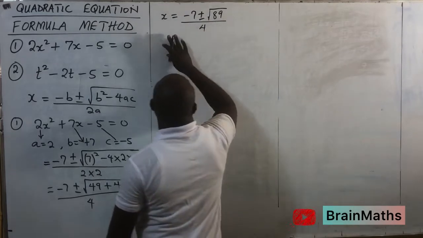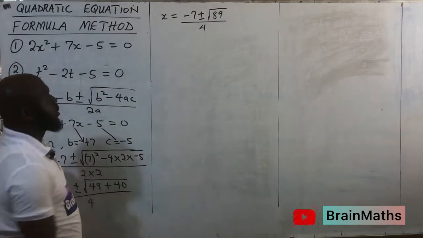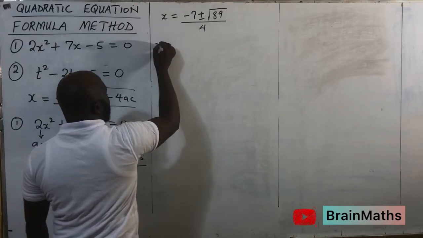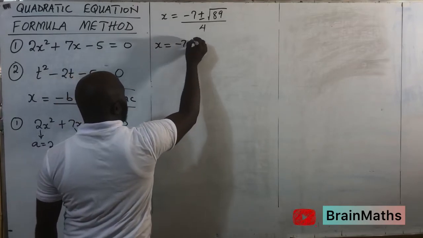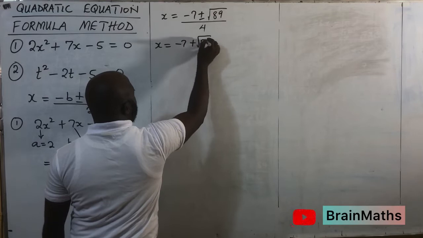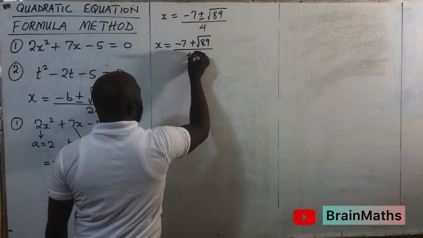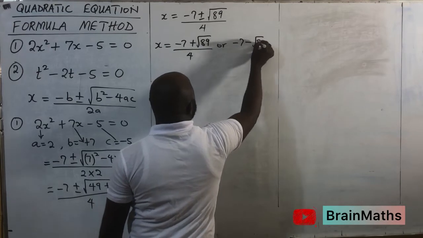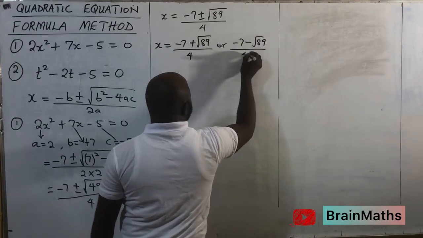So we are going to have two different solutions, one for positive and one for negative. So we have x equals minus 7 plus root 89 over 4, or minus 7 minus root 89 over 4.